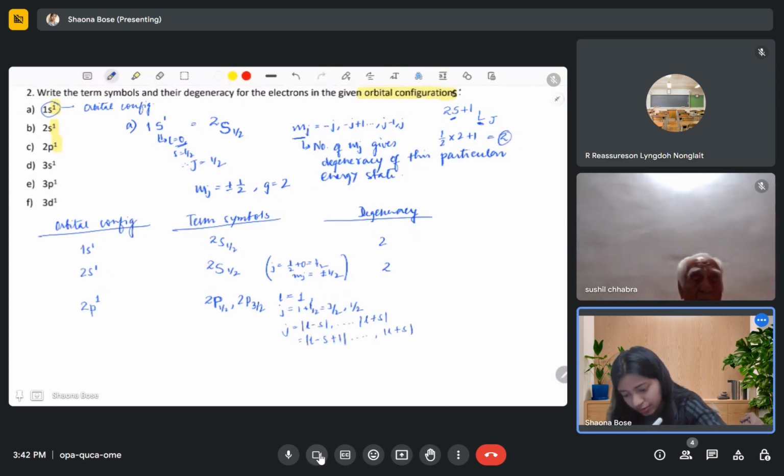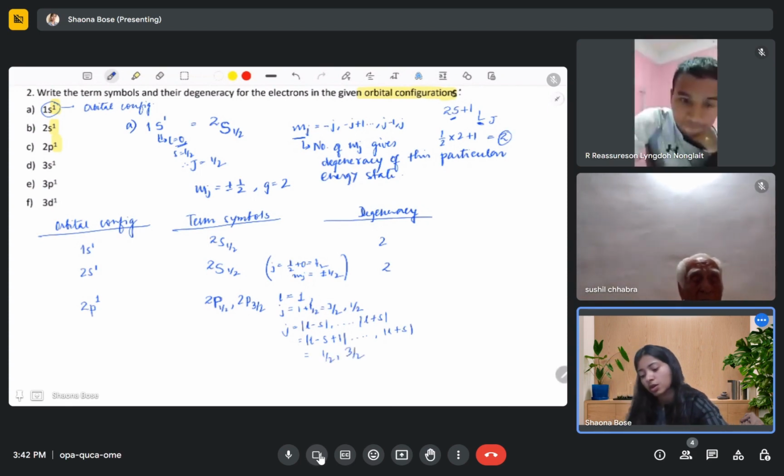Just keep on adding 1. For our previous cases we just had one term, because our L was 0 anyway. But here we have L equal to 1. So we get half and 3/2. So now what will be the degeneracy?